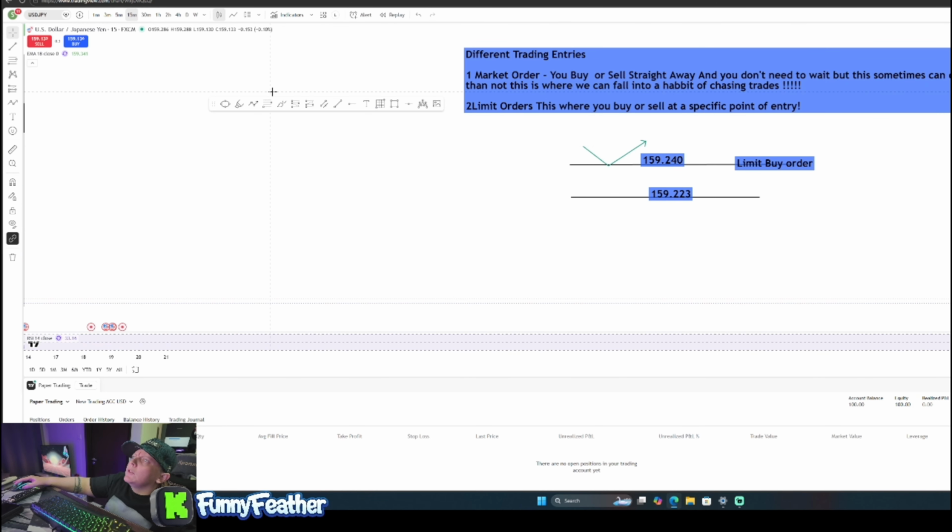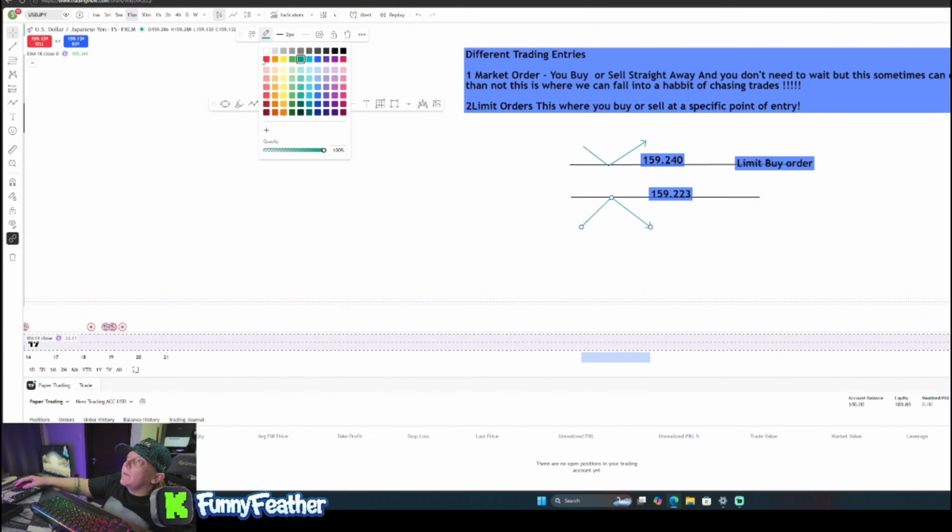All right, then, for example, now we have, it goes back up to this area, and then it comes down. Let's change that into red. So we know that this is now our limit sell order.